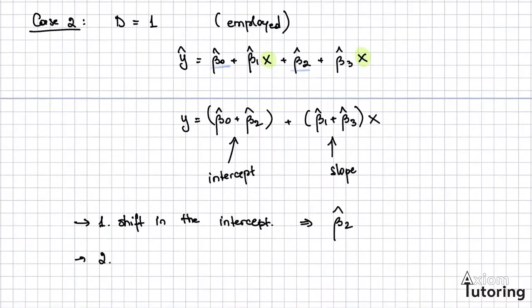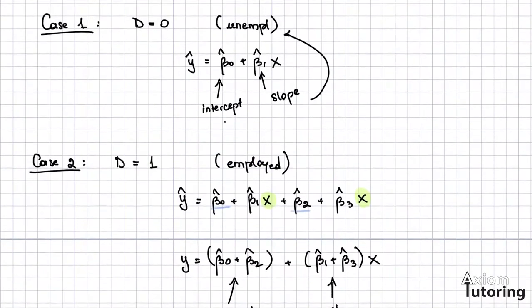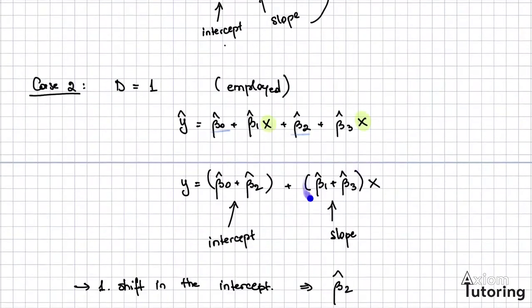At the same time, we also have a shift in the slope, and that shift in the slope is the beta 3 hat, because that's what is changing from the estimated model that we had in case 1 to the model that we have now estimated for case 2.